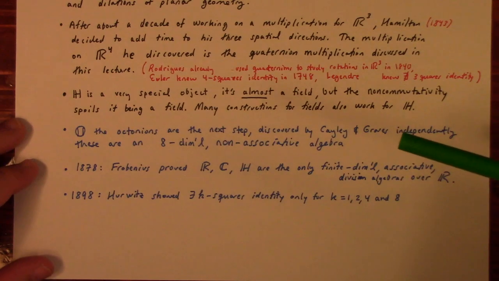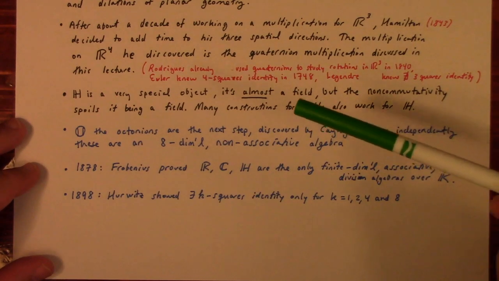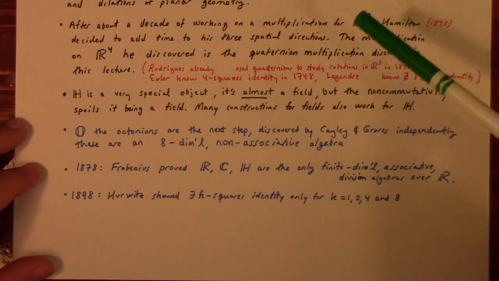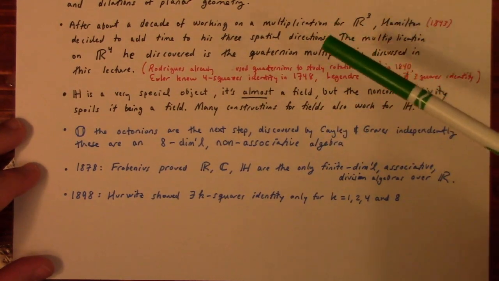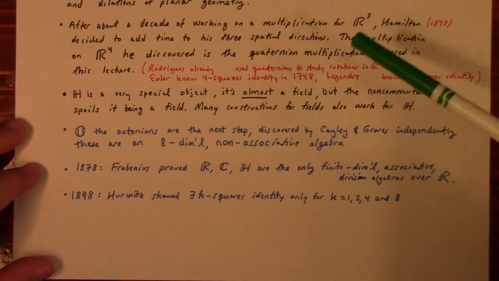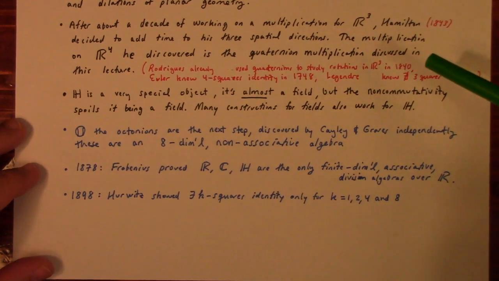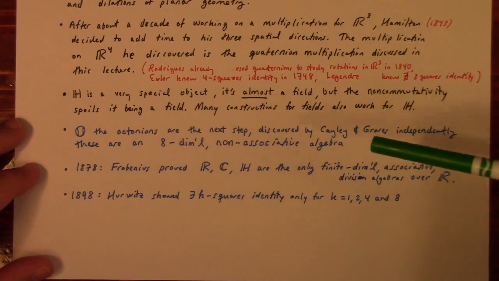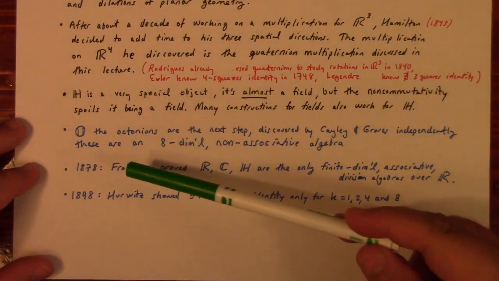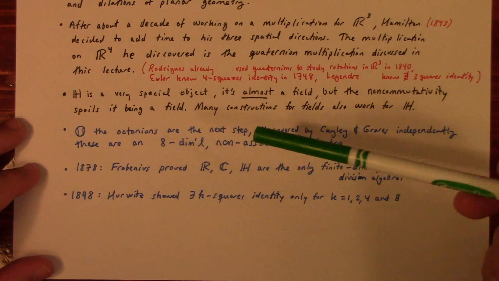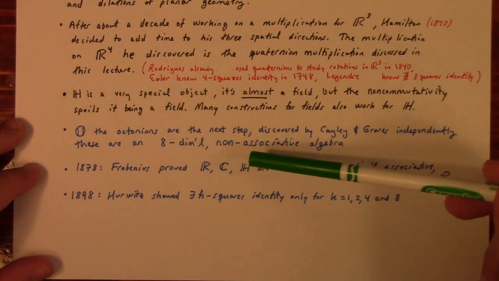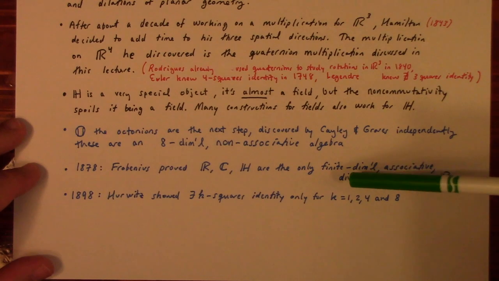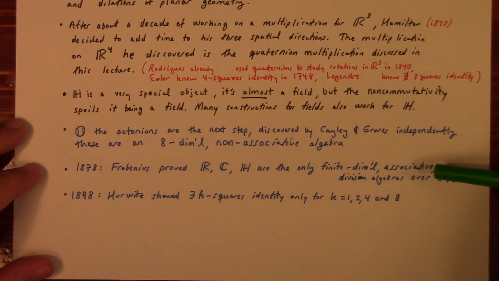And it wasn't just that Hamilton failed to find a multiplication on R3 because of lack of imagination. As I mentioned, Legendre also knew that there did not exist a 3 squares identity, but it was proved by Frobenius in 1878 that the reals, the complexes, and the Quaternions are the only finite dimensional associative division algebras over R.